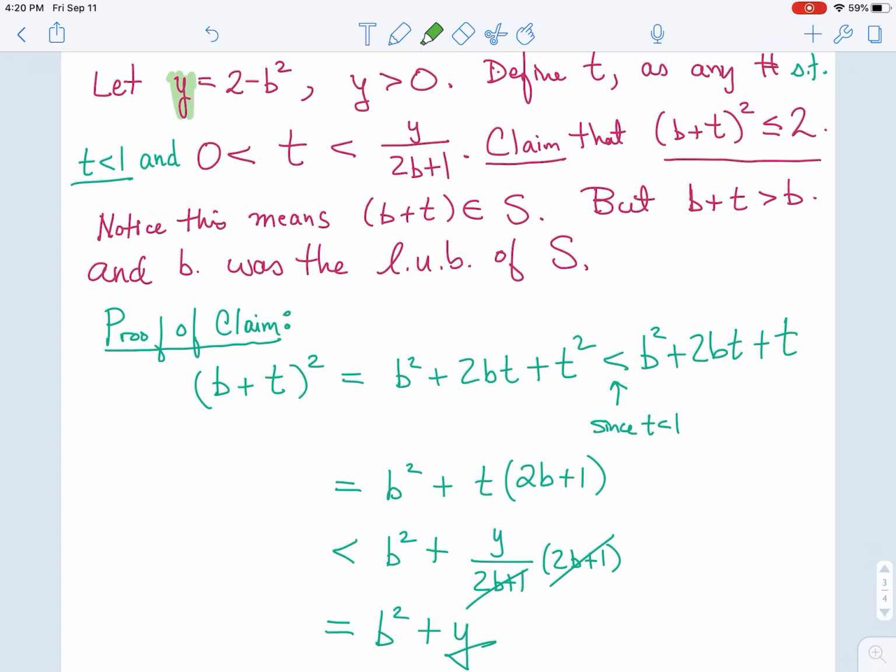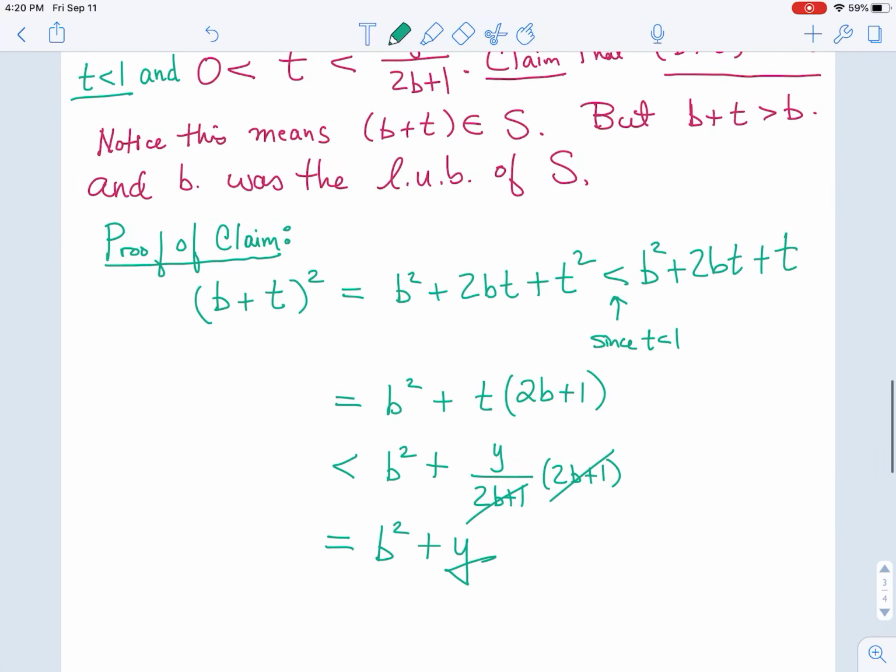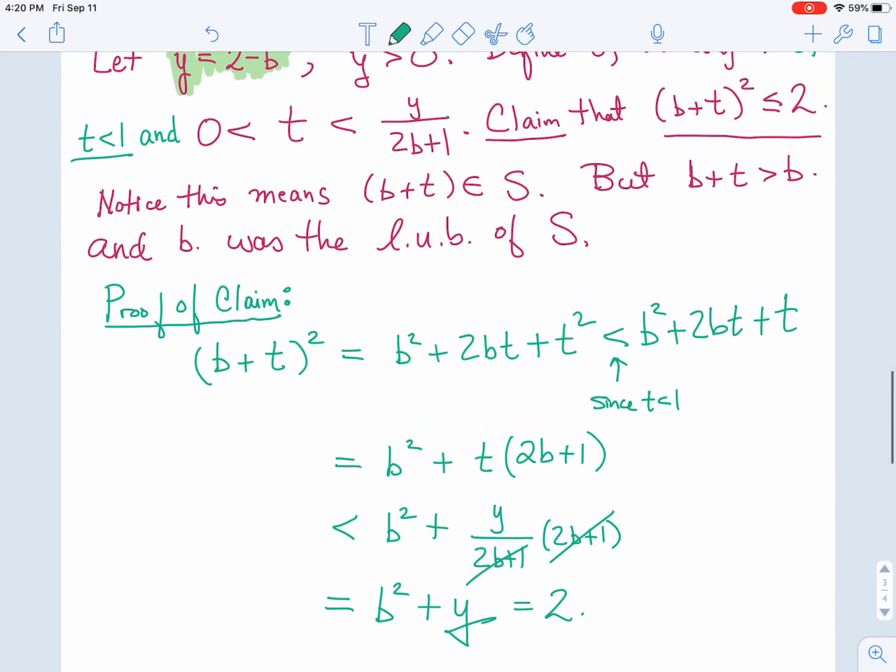And now what do I know about b squared plus y? Well, how did I define y? y was the difference between 2 and b squared. So b squared plus y is going to be equal to 2. And so this is going to be equal to 2. And so was that my claim? I wrote the word claim. I claimed that b plus t all squared was going to be less than or equal to 2.